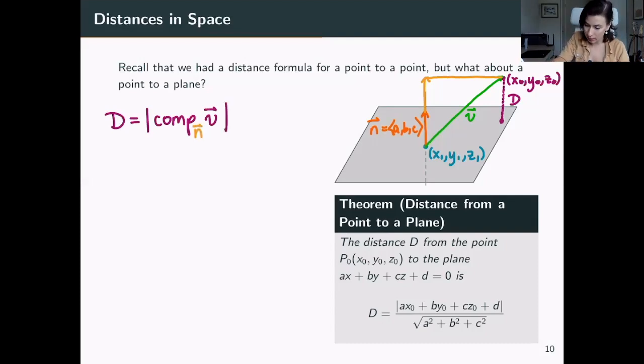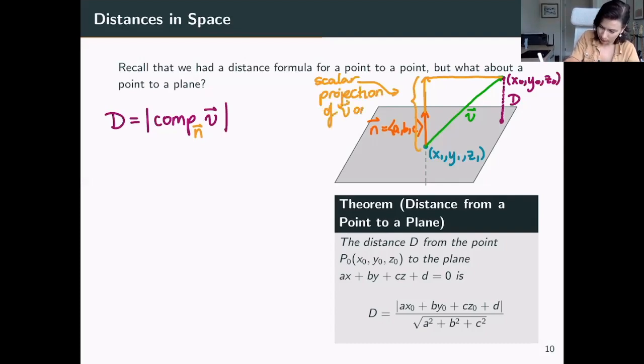So again, here, this whole distance, just to label it, is the scalar projection of v onto the vector n.